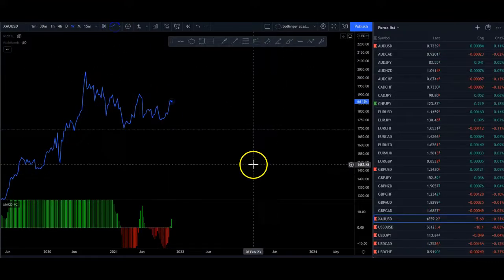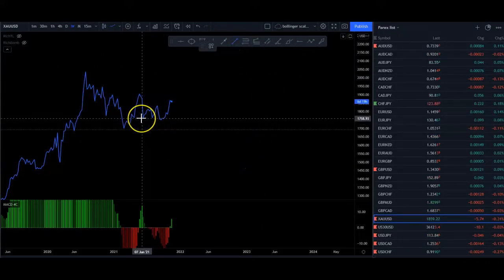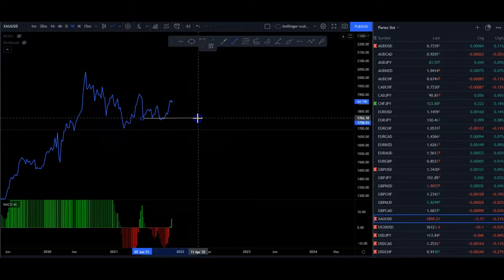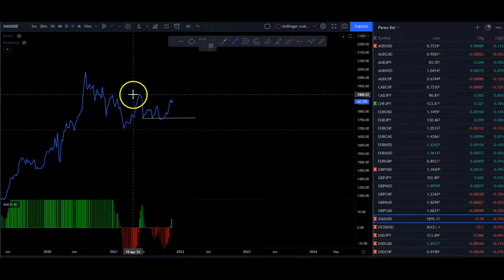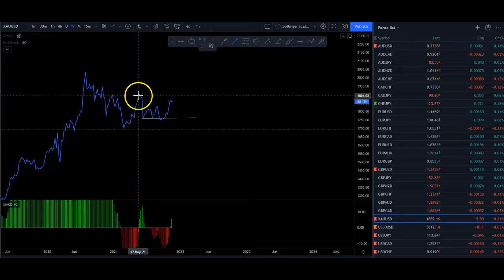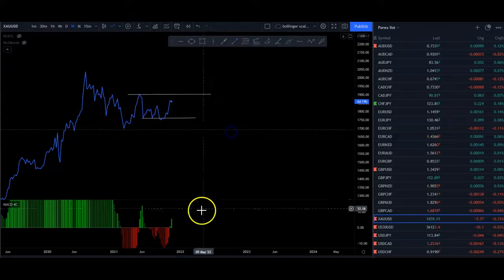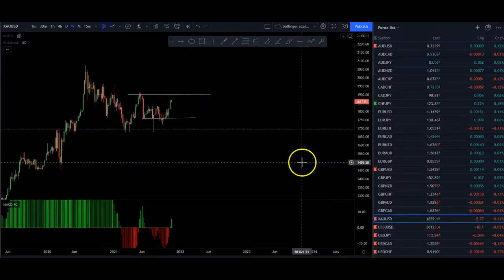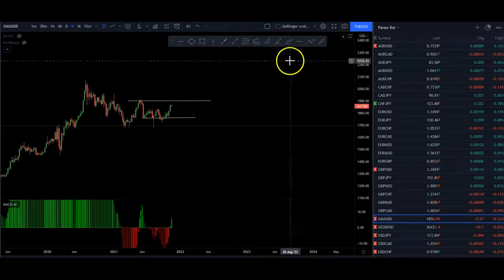If I put in the line right there, I can easily put either, trying to trap the price pretty much. It looks like a good level right there. So we are around there. It looks like the price can still go up, but we'll see what the market does.